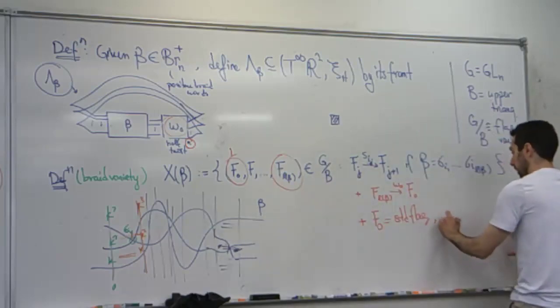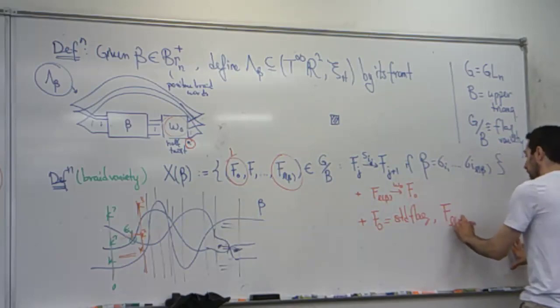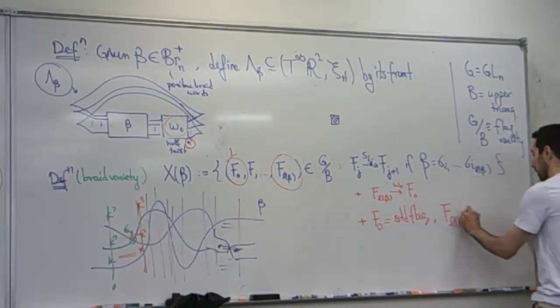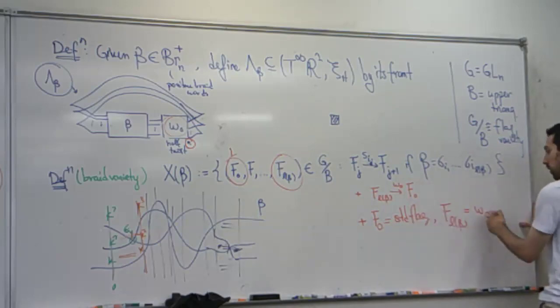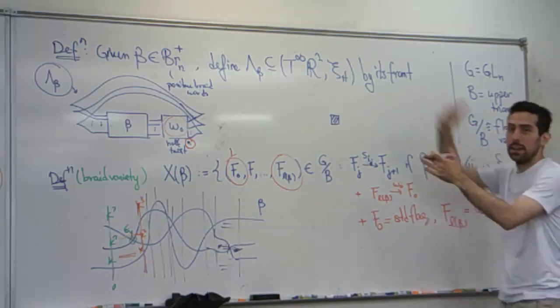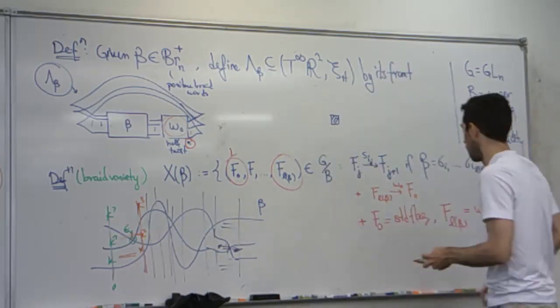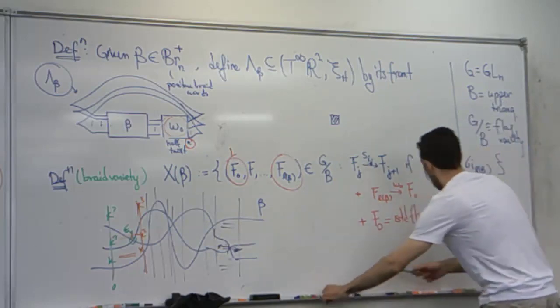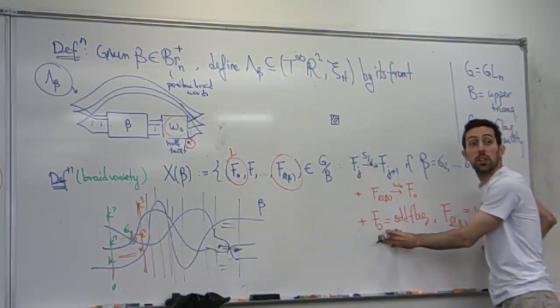And the last flag of beta is anti-standard, that is, W naught times the standard flag, the anti-standard flag generated by EN, EN minus 1, and so on. These are two conditions that kill a bit of that G action.